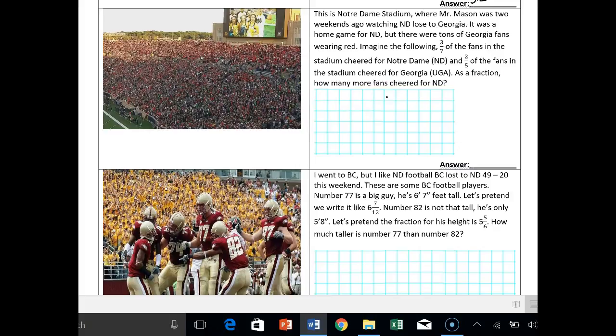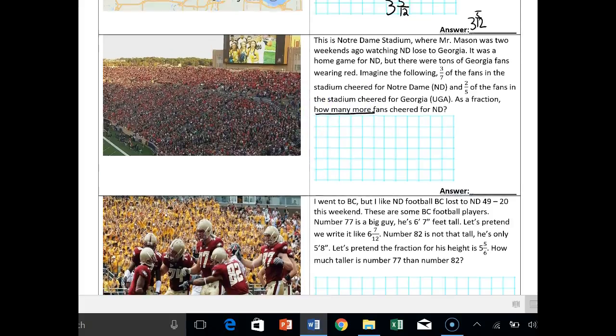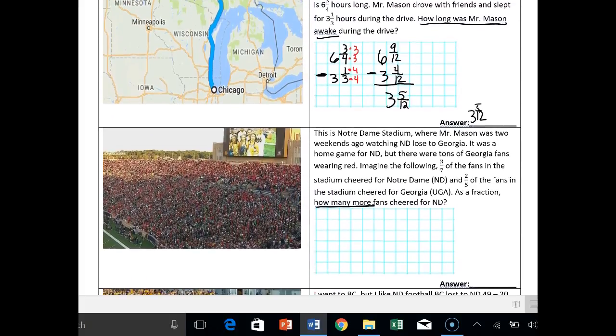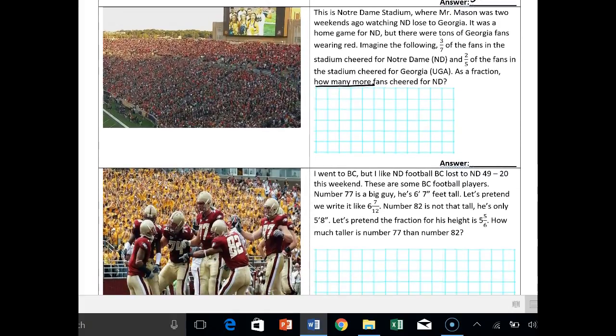All right, so let's think. Again, how many more? If you go back up to the first one, it was how long was Mr. Mason awake? What's the thing that we're actually trying to solve for? We're trying to find a difference, how many more, between Notre Dame and Georgia. So Notre Dame was 3/7, and Georgia was 2/5.